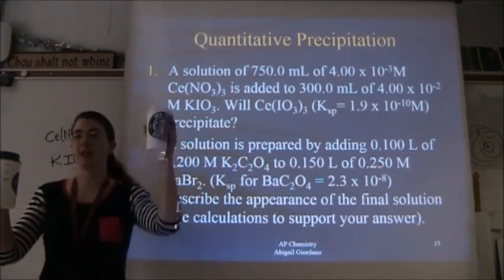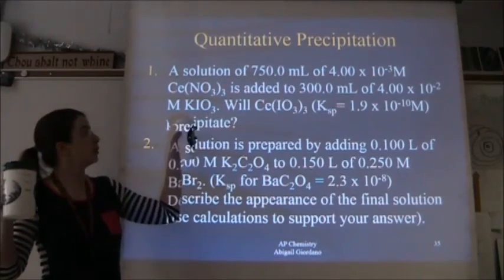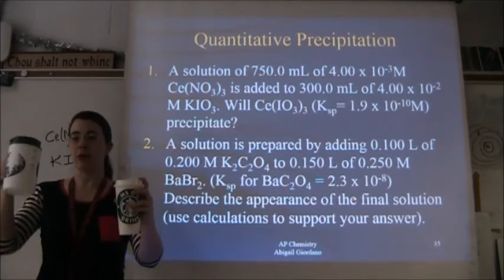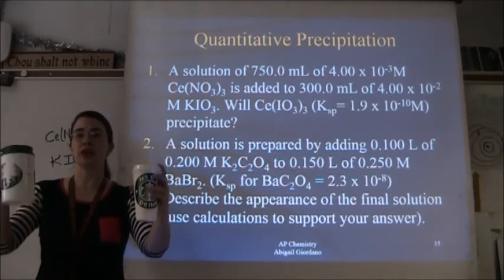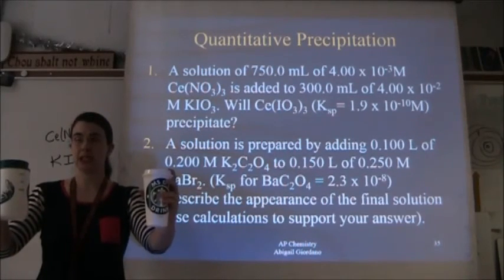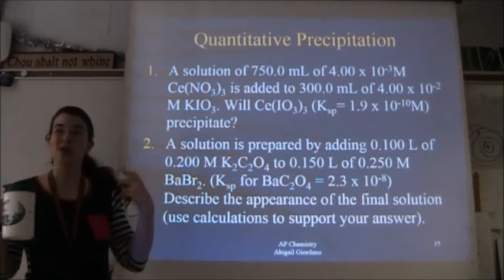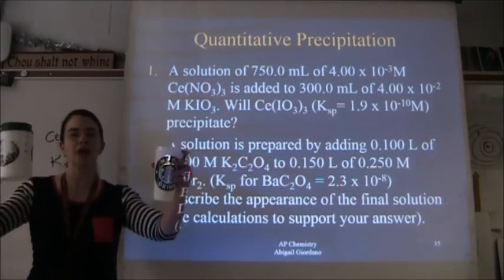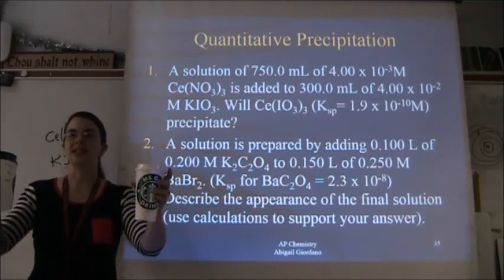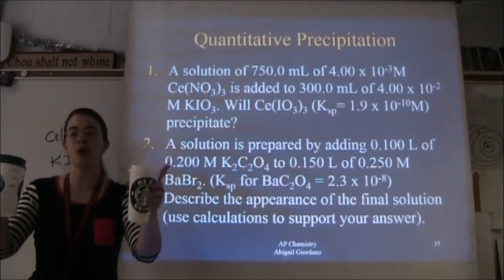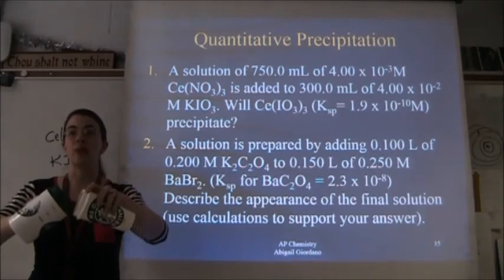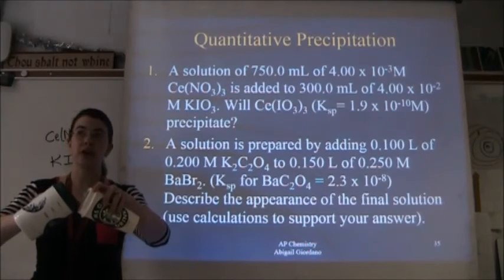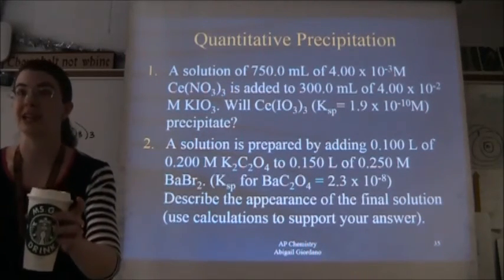Here is potassium iodate. The molarities that are written in that problem are the molarities of each solution when they are separate. This Q that I'm supposed to be finding, these initial molarities, are not when they're by themselves. It's at the initial moment they are poured together into one big container.